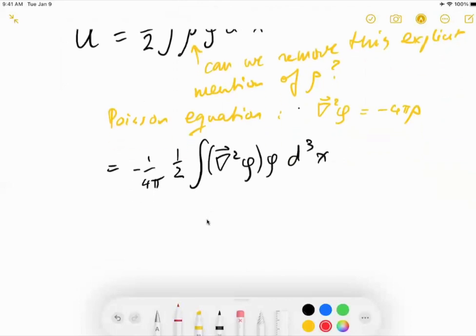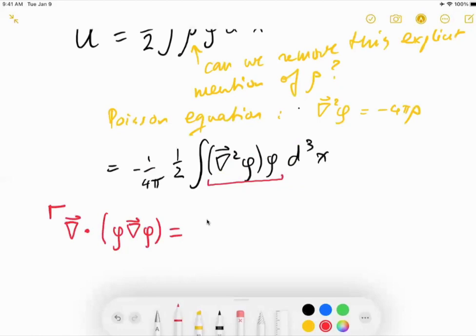Now, let's look very carefully at this expression. If you use the product rule on this expression, what you get is the gradient first acting on the phi, and then the gradient acting on the gradient of phi.